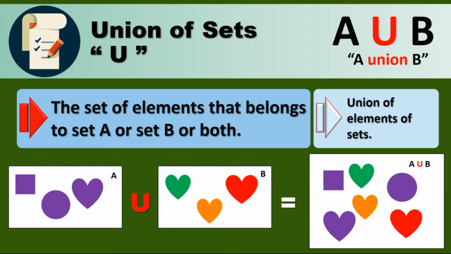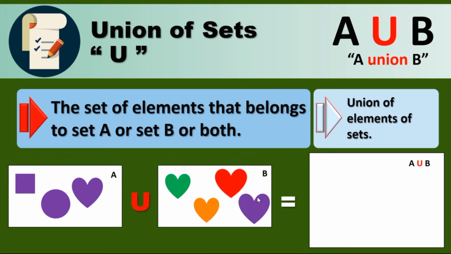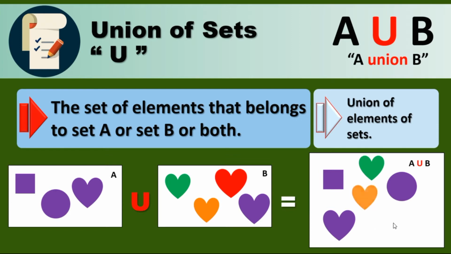Let's have another example. Same set A, but in set B we added the violet heart. So now, same procedure, union of elements of sets: the square, the circle, the heart, and the green heart, the orange heart, the red heart, and also the violet heart.